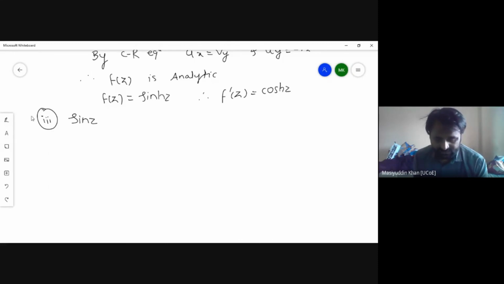Topics, please remember: method of partial fractions, convolution theorem, uses of differentiation, Heaviside unit step function, and application of Laplace transform or solution of a differential equation by using a Laplace transform.